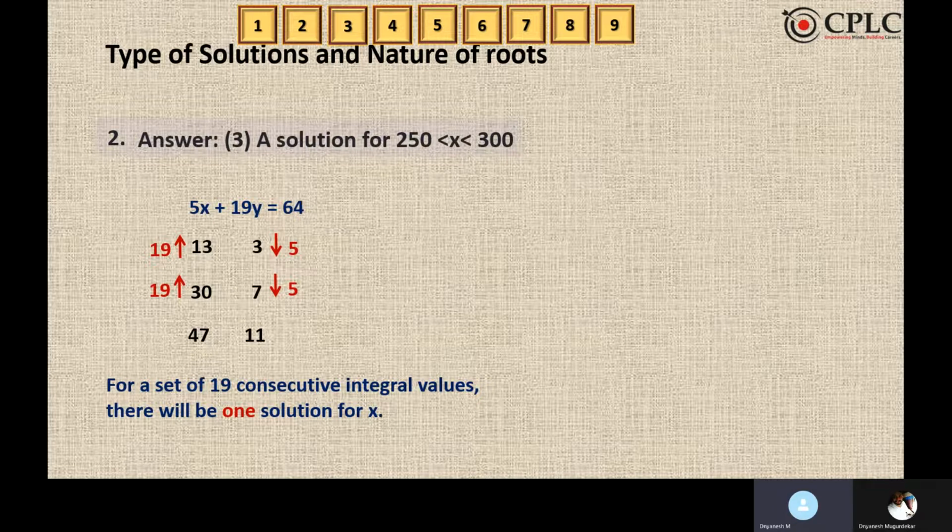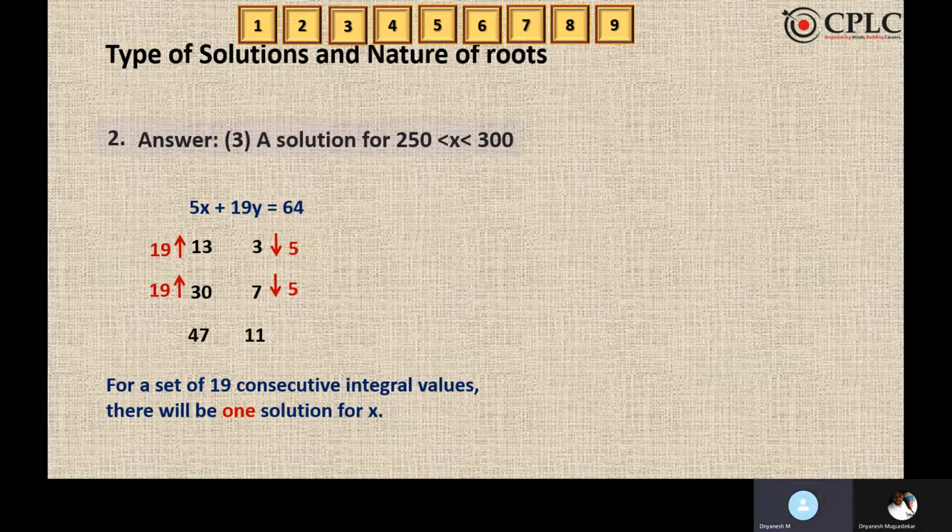So don't get confused. The values will be 9 and 1, then 28 and -4, then 47 and -9, and so on. Now, what we understand is option 3 says a solution for x between 250 and 300. So between 250 and 300, x has a choice of 50 values. And we now know that x is changing in multiples of 19.